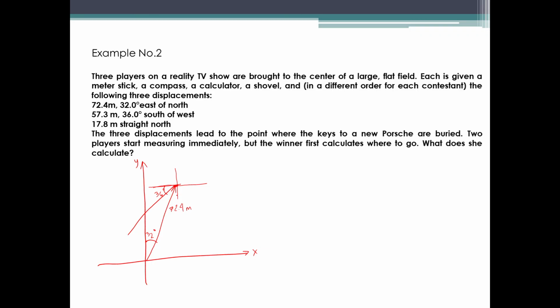Then you are wrong in your diagram. So, 36 degrees, this is south of west. So, you base on west, then go south by 36 degrees. And then this magnitude is your 57.3 as a vector.